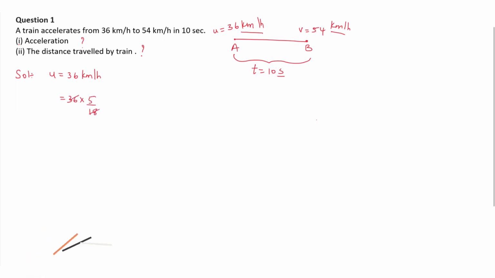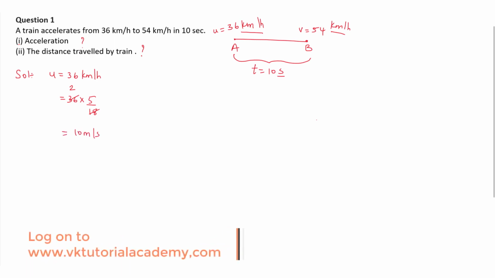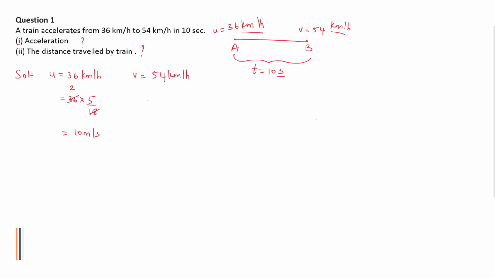That will be 10 meter per second. Whereas my v, which is 54 kilometer per hour, will change to 54 into 5 by 18. 18 ones are 18, 18 threes are 54. That will be 15 meter per second. You can also write meter per second as m s power minus 1, so 10 m s power minus 1 and 15 m s power minus 1.